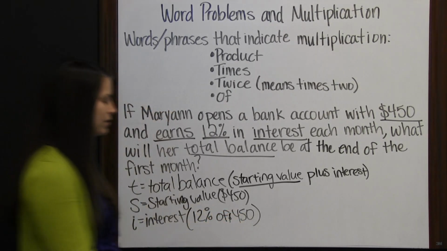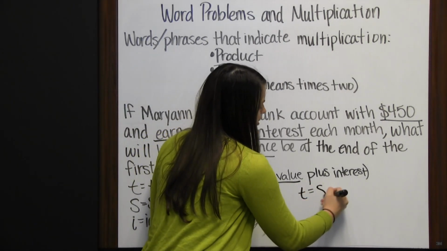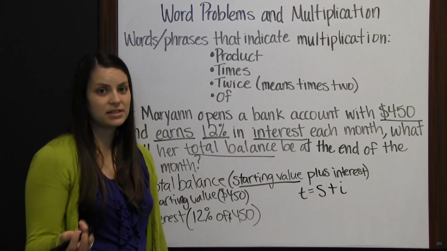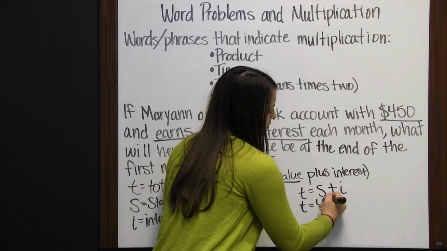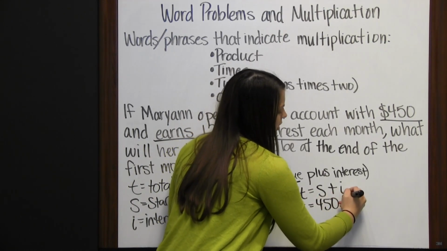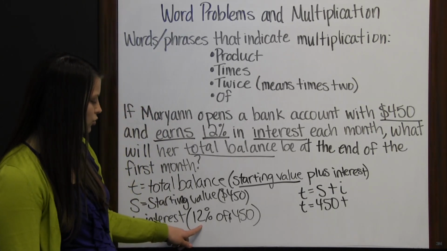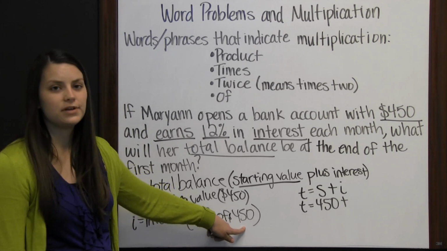Okay, so to find my total balance, I'm going to have to take my starting value and add my interest to that. And my starting value is $450, so my total balance is going to be $450 plus my interest, and my interest we said was 12% of $450.